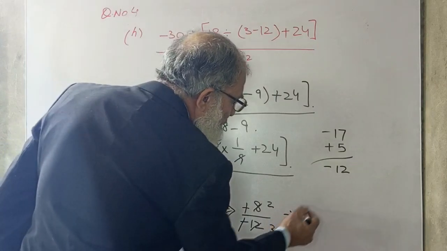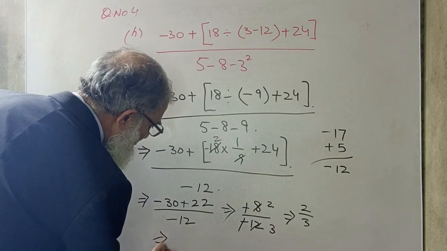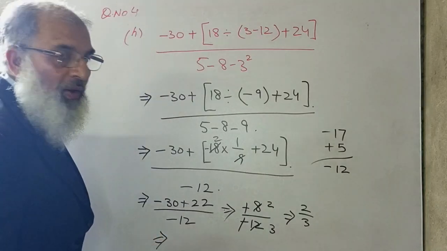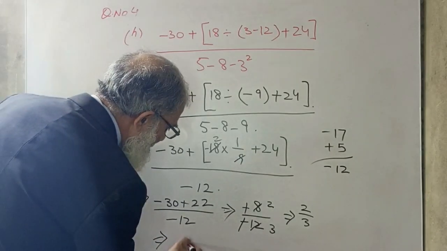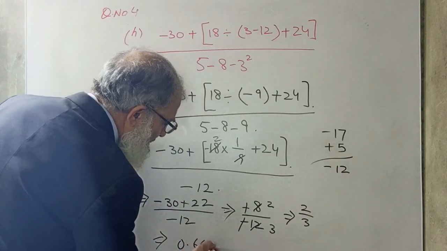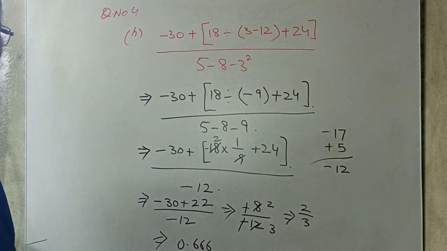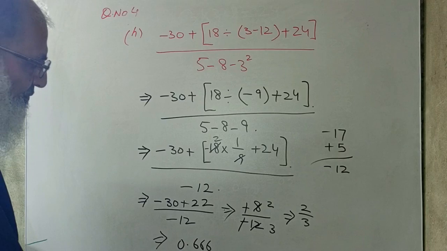That is 2 upon 3, or the answer will be 0.666. Again, you see, we have come to the recurring decimal.